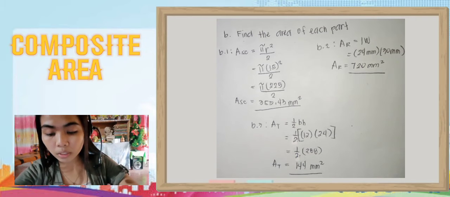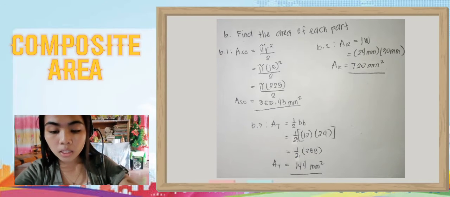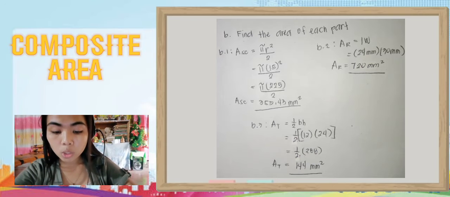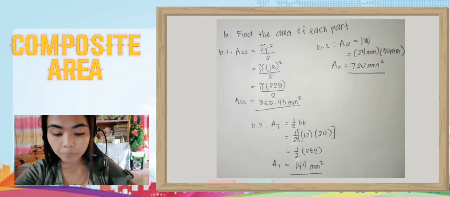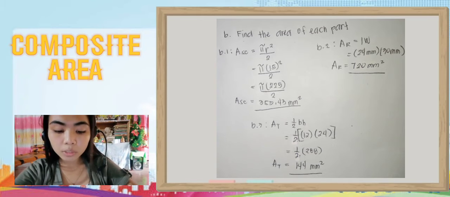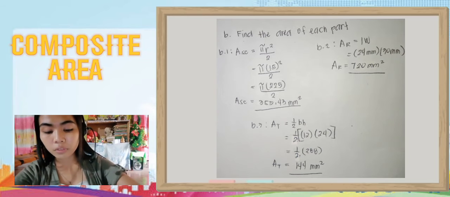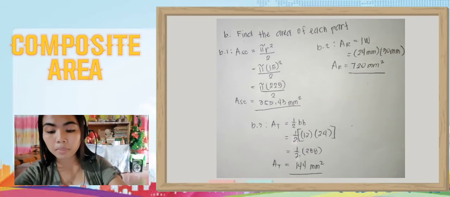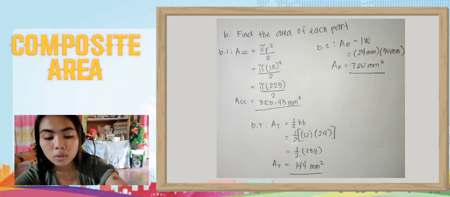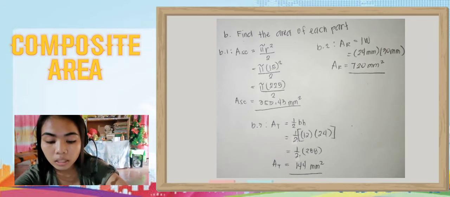Because the diameter is equal to 30 millimeters. So we divide by 2, since we are looking for the radius. So it becomes 15 all over 2. So, pi times 225 over 2. So, the area of our semicircle is 353.43 millimeters squared.